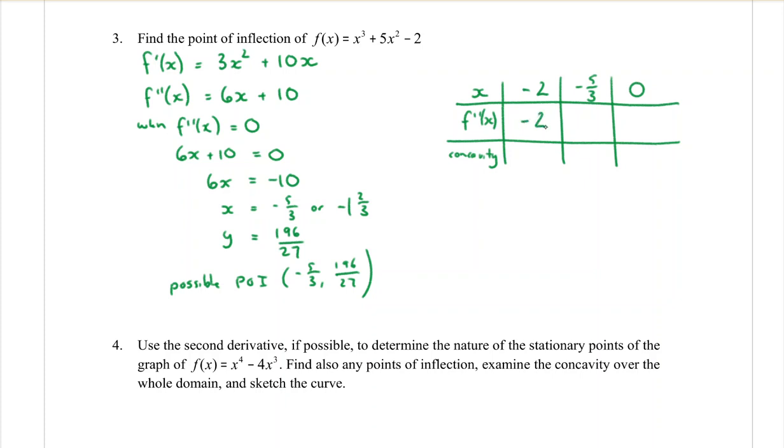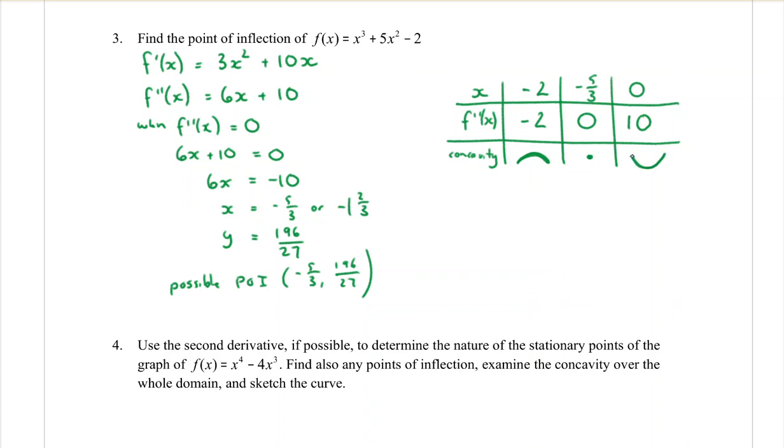If you sub -5/3 in, you should hopefully get 0, because that's why we did that one. And if you sub 0 into here, 6 times 0 is 0, plus 10 is 10. So we've gone from a negative concavity, negative meaning concave down, to a point, and from that point we're then concave up.